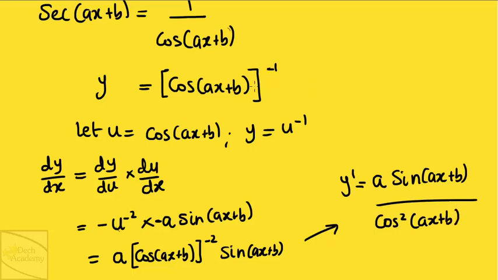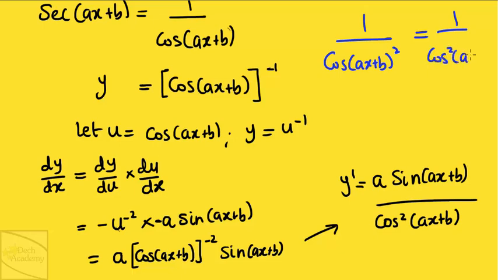I'll explain that briefly. So cos(ax plus b) all raised to the power of minus 2 is the same thing as 1 over cos(ax plus b) squared, which is the same thing as 1 over cos squared(ax plus b). So this is cos(ax plus b) all squared.